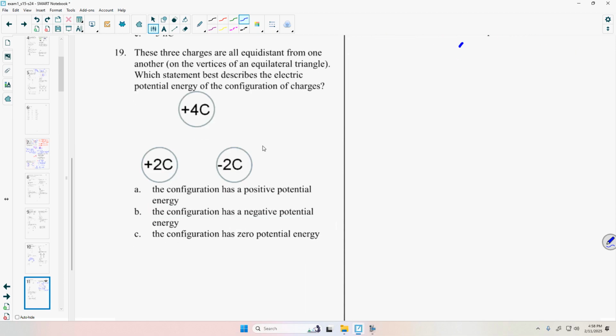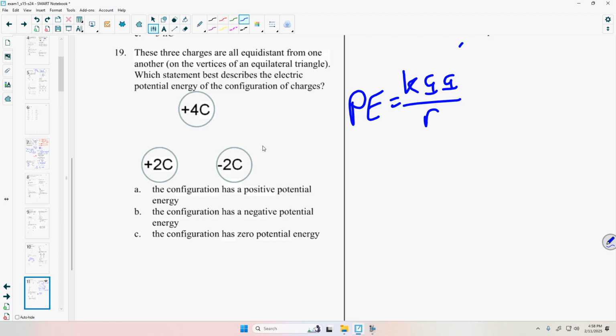Okay, yeah, so I want to know how much potential energy this configuration holds. We've done this in the concept test. If you recall, we had the triangle with the 3 charges. And remember, potential energy, all these words, they're all very similar, and the equations are similar too, so be careful. KQQ over R is our potential energy.